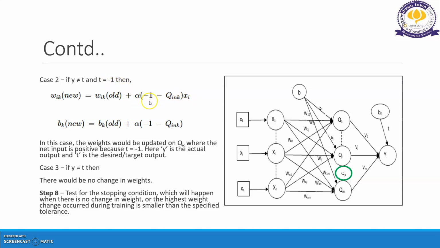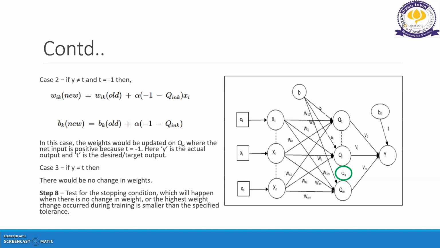Here t equal to -1, so here the term is -1 minus the output, that means the output that you get for this particular Qk Adaline unit. Similarly, the bias associated with this particular Qk Adaline will be updated using this equation.